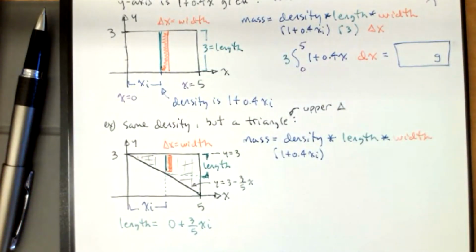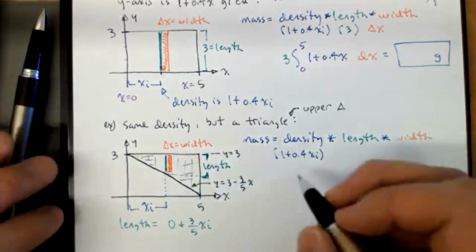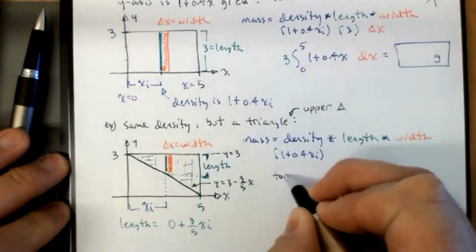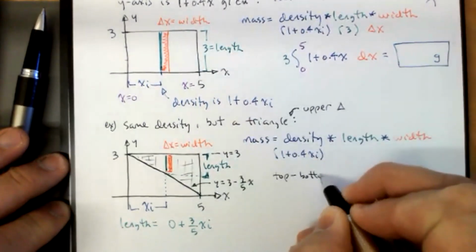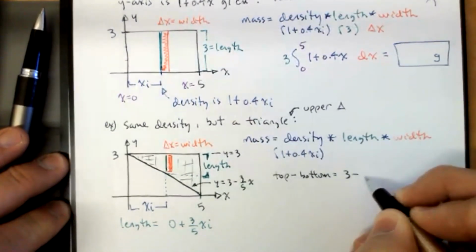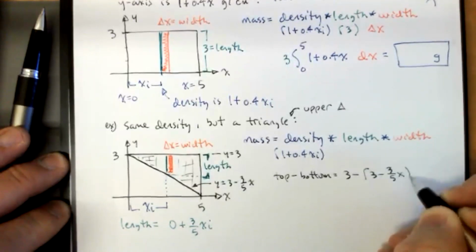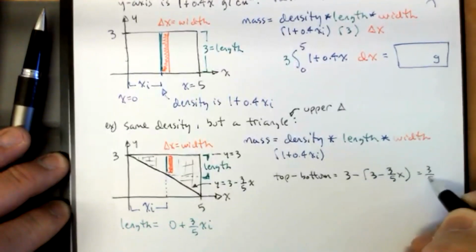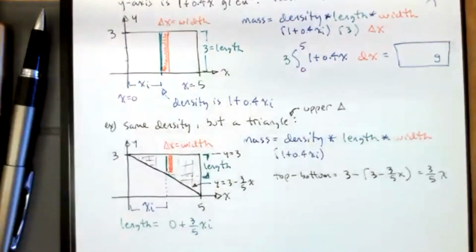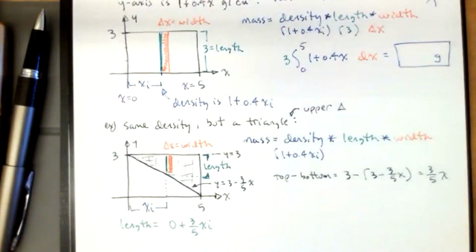So if I set the length up as the top function minus the bottom function, I would write 3 minus the quantity 3 minus 3/5 x. So our length is still going to be 3/5 xi.